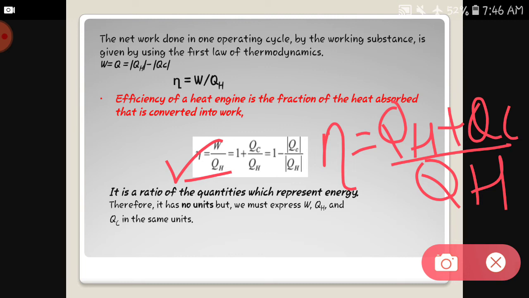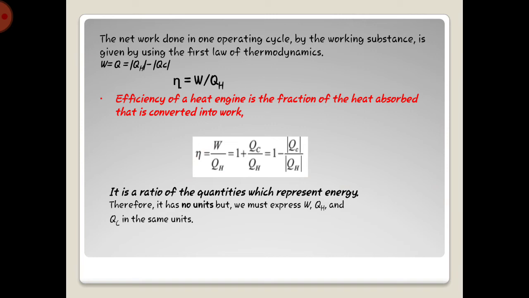Now as this is cyclic, sometimes it will be positive and sometimes it will be negative. So in front of that we have written a negative sign also. So we are getting eta as 1 minus mod of QC divided by mod of QH. So what does the ratio give out? The ratio represents energy.